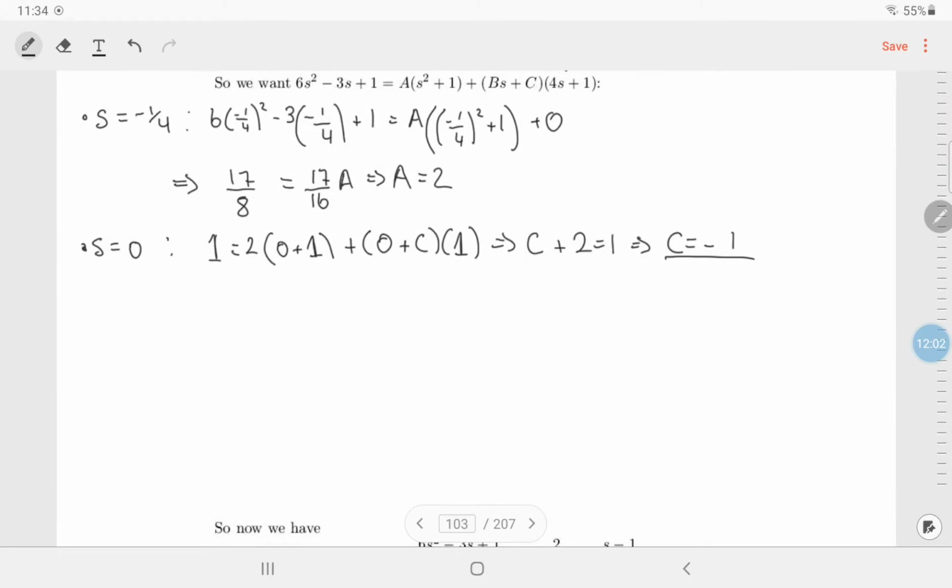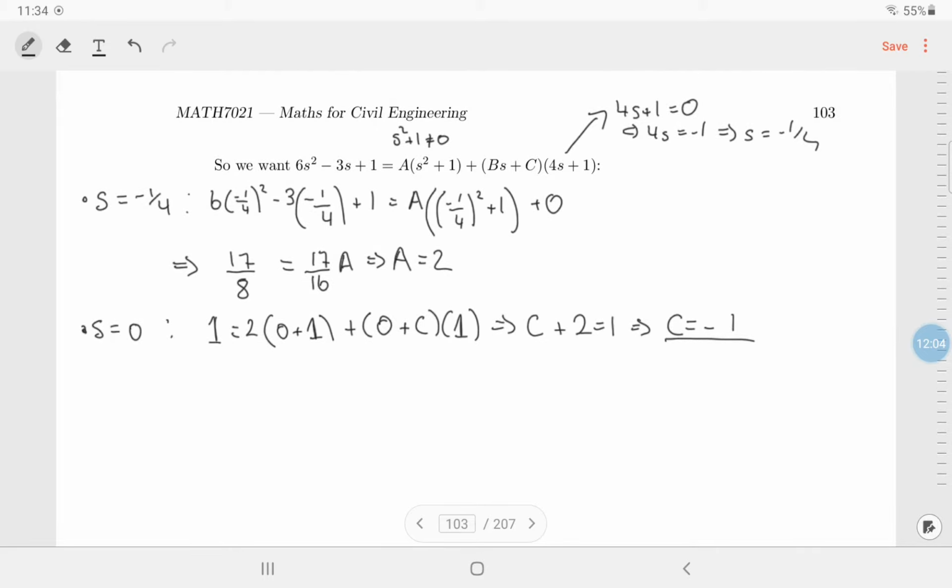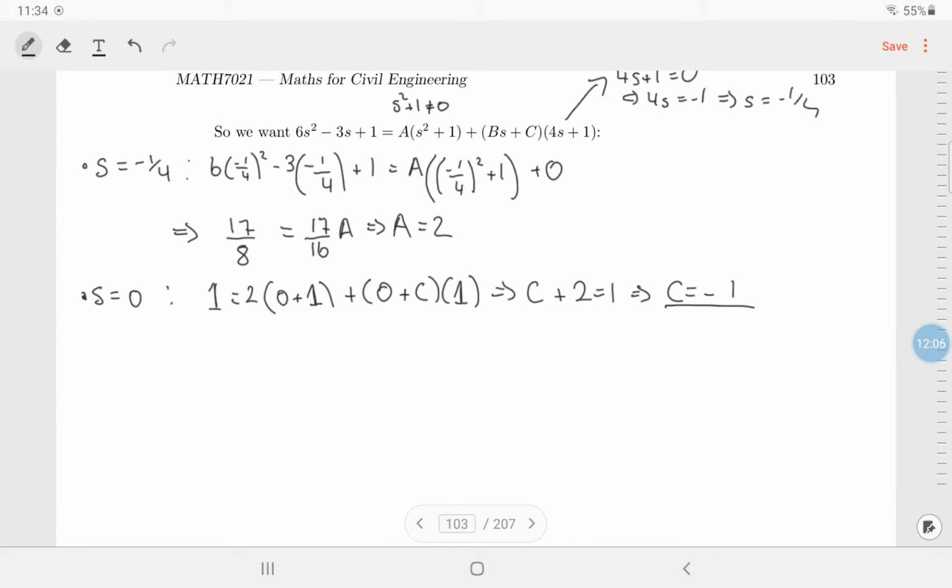Now what are we left with? We're left to find b. So we'll just put in the next easiest number that you can think of, say s equal to 1. So you get 6 by 1 squared is 6, minus 3 by 1 is 3, plus 1, equal to a, which we know is equal to 2, 1 squared is 1, plus 1, plus b times 1 is b, plus c we've already found is minus 1, 4 times 1 is 4, plus 1.